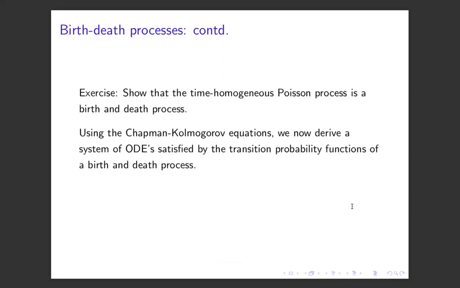Next, we will show how the Chapman-Kolmogorov equations can be used to derive a set of ordinary differential equations satisfied by the transition probability functions of a birth and death process. ODEs means ordinary differential equations.